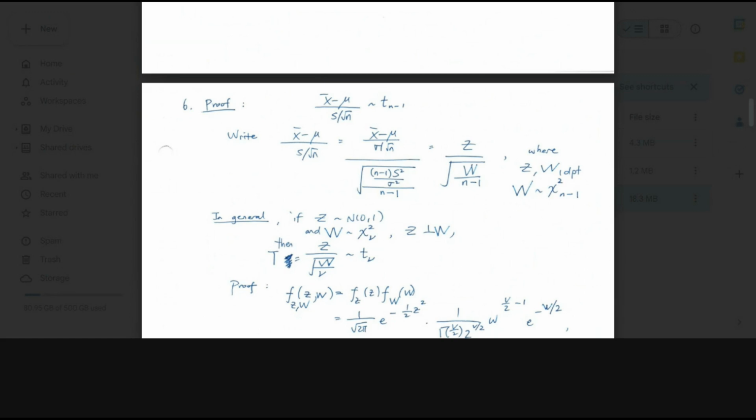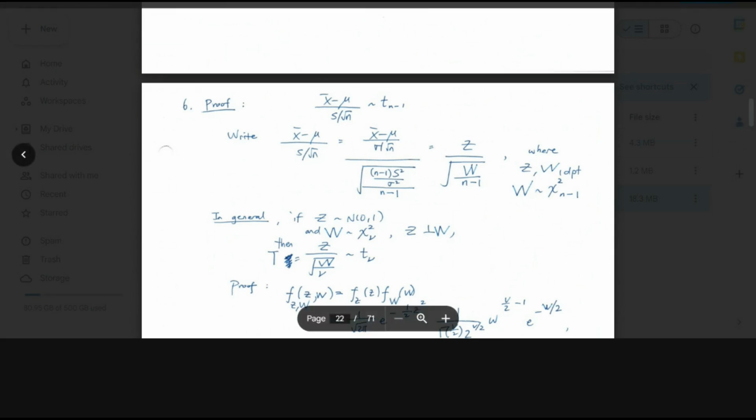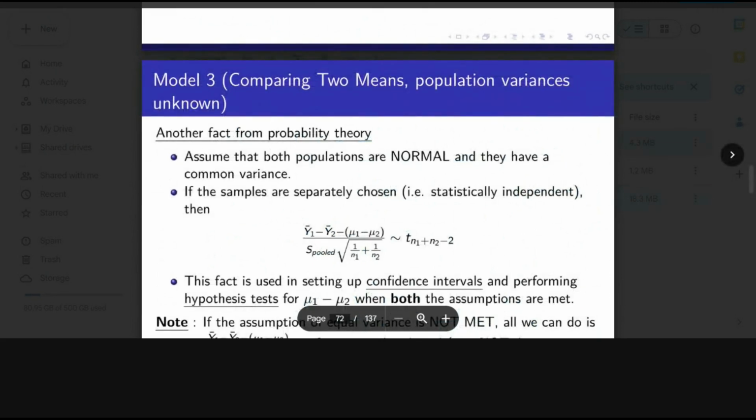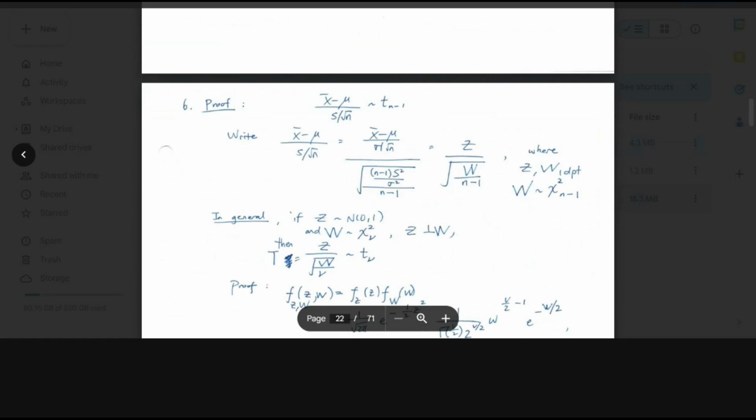I know we proved it, but can you see intuitively why this is n minus 1 and why this connects to the result that when you have S pooled now, it's N1 plus N2 minus 2? Anyone know what I'm actually trying to say? Is it consistent to you why this has to be n minus 1 degrees of freedom when there's only one population? Anyone can see the connection?